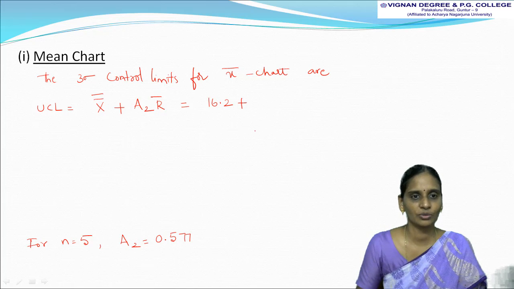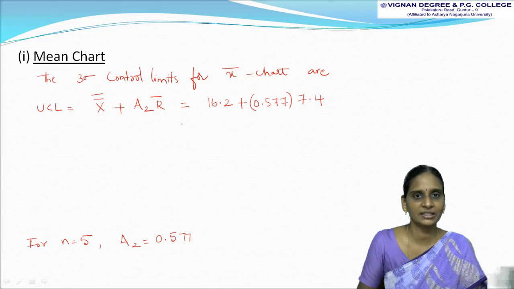So here we have to substitute the value of A2, that is 0.577, and the R bar value is 7.4. By the simplification of these values, we get 20.4698.